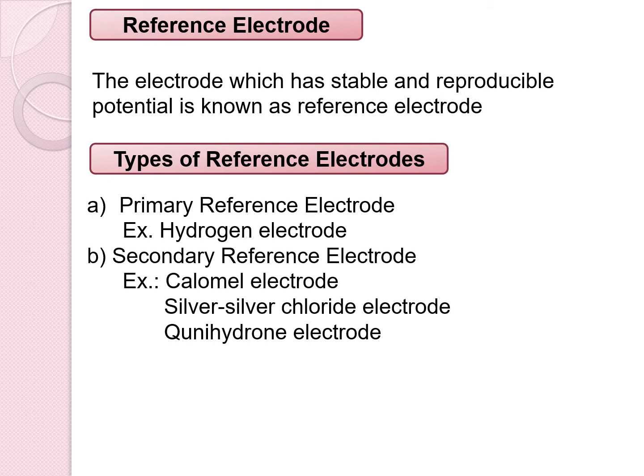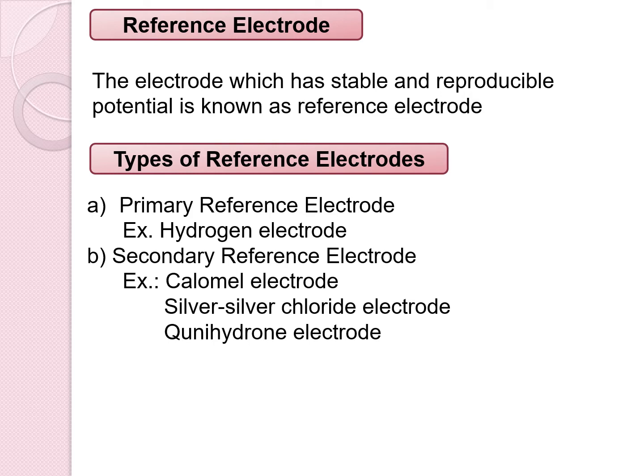Means it's stable. And the third, it should have a reproducible potential. Reproducible means the potential value can be regenerated any number of times. Whenever you use that electrode, it should give you that same value, which is known as the reproducible value.